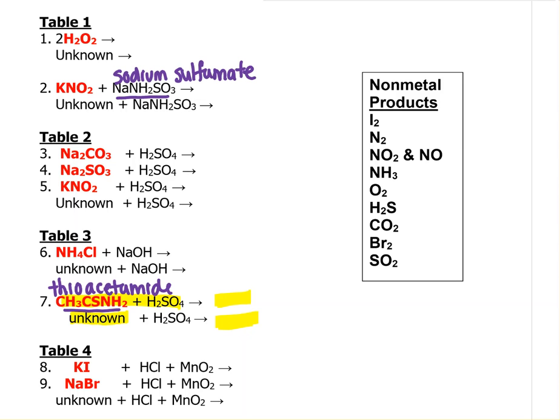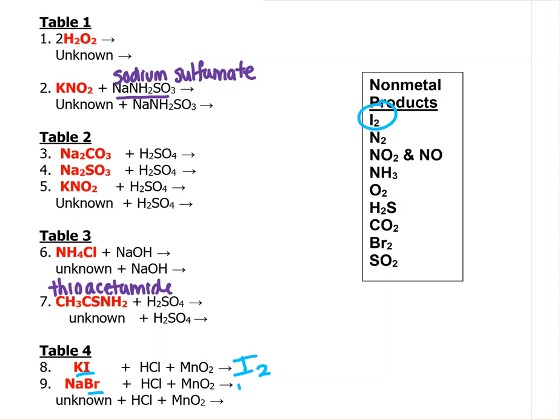Okay, and then for these you need to be able to know what the products are. Let me erase some of this to make it easier. In other words, these are the non-metal products, and so one of these reactions makes iodine. You can look at these reagents and usually tell which one, because this is the only place I see iodine. This is the reaction that makes iodine.